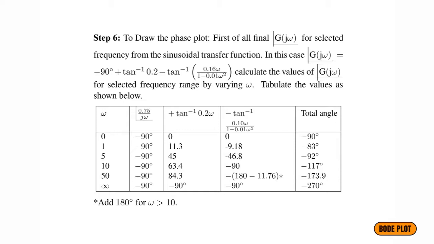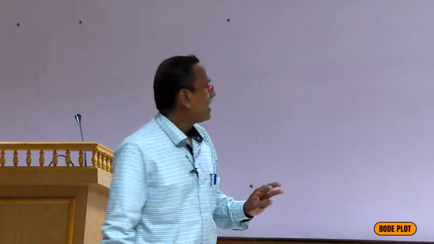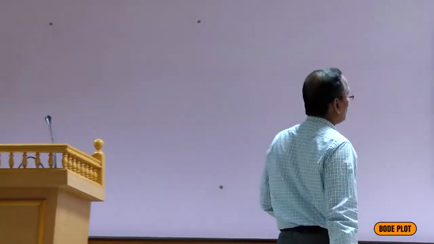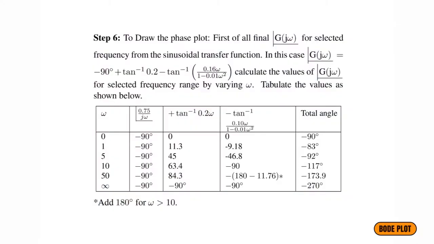For the numerator factor, we get angles as tan inverse of 0.2 omega, positive values. For the quadratic factor, in imaginary part by real part, if you find after the corner frequency, we have to add 180 degrees. Otherwise you will get only 0 to 90 degrees because of the quadrant problem. Because of the quadrant problem, we have to add 180 degrees while calculating the angle after the corner frequency.